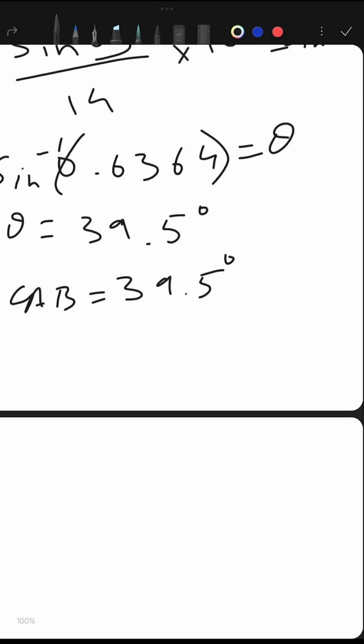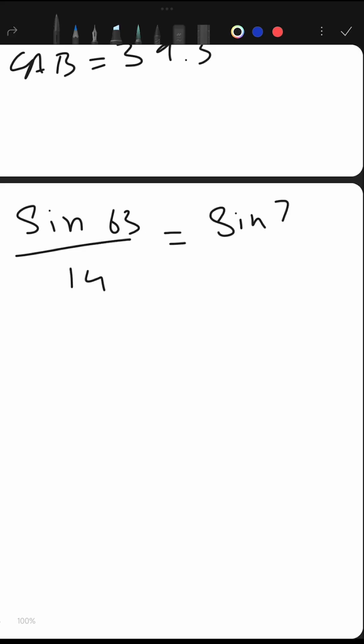So sine of 63 over 14 equals sine of 77.5 over AB.